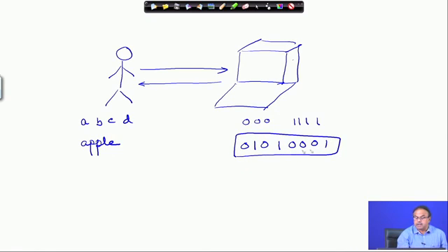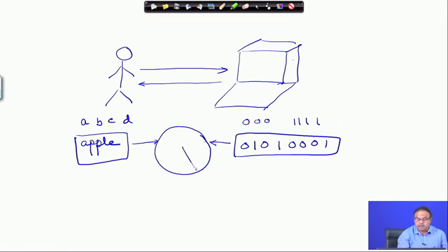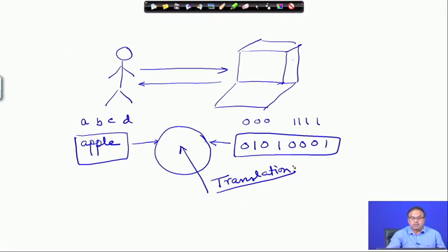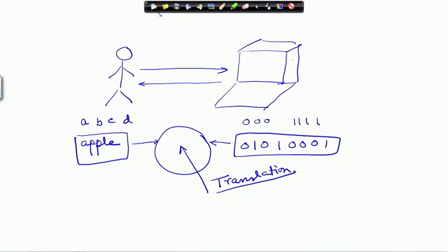So, I will not understand this to be apple and he will not understand this to be apple. So, there we need some sort of mechanism, that is, this is the translator. Some sort of translation is required. We will be talking about this translation process in the next class.